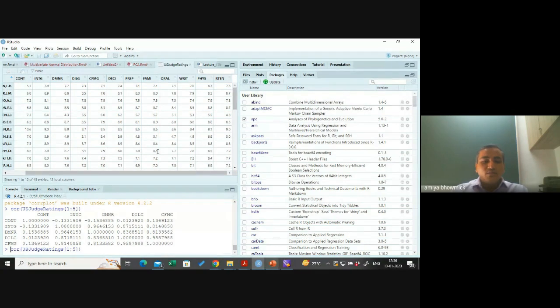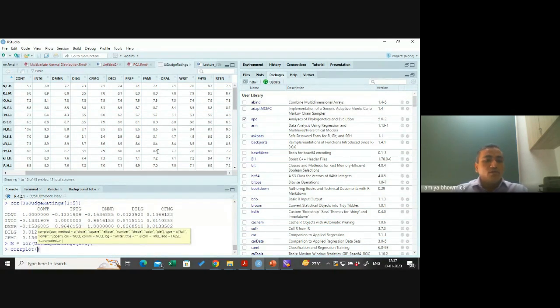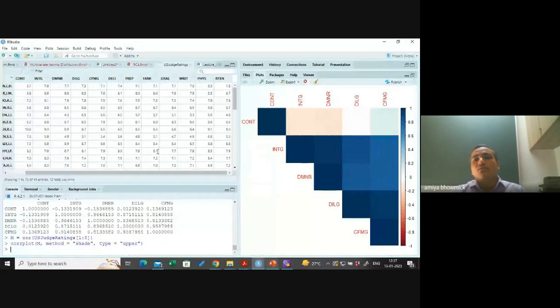Let me call it M. If you write corrplot M, then you have a whole set of options. Method equal to, say, shade, and you can also give different types, say type equal to upper only. So this is the correlation plot you are getting.